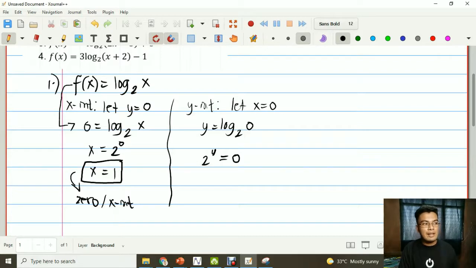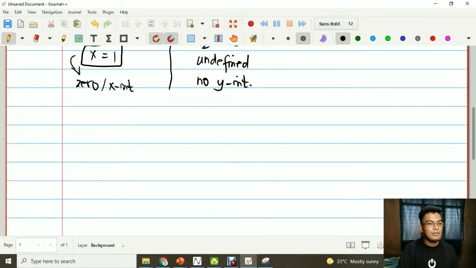If we analyze this, when we raise 2 to any real number, it's impossible for us to obtain 0. So this is undefined. Therefore, there is no y-intercept.